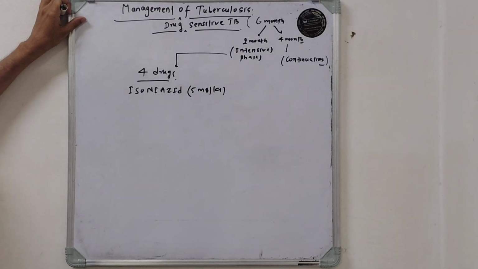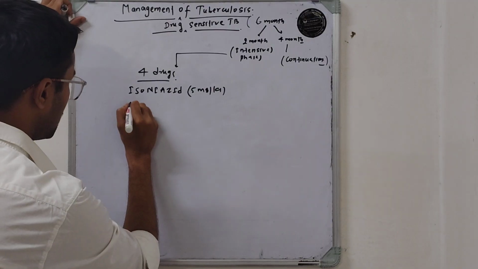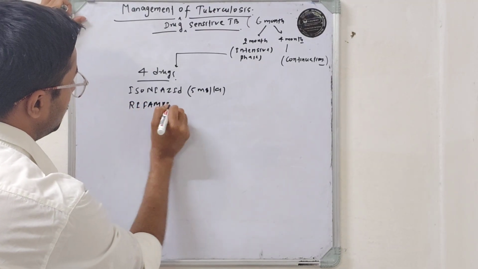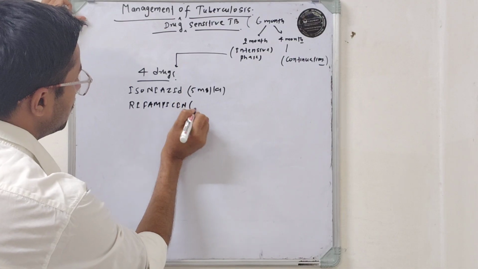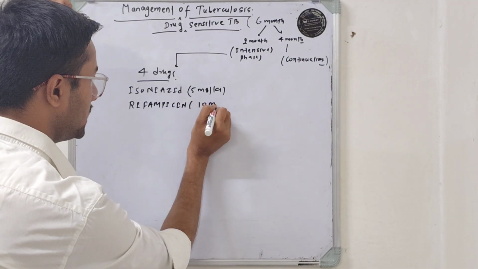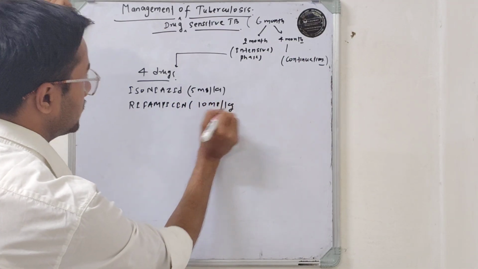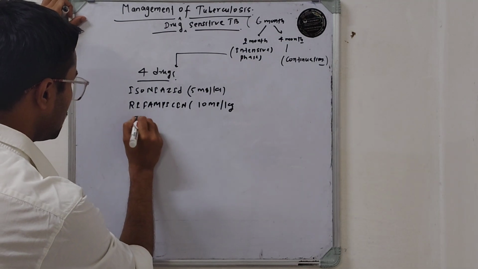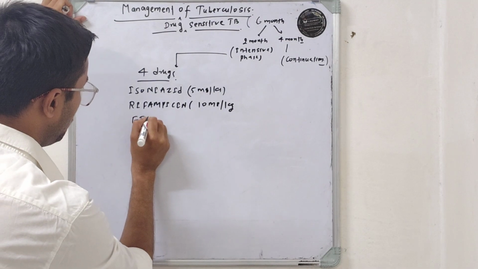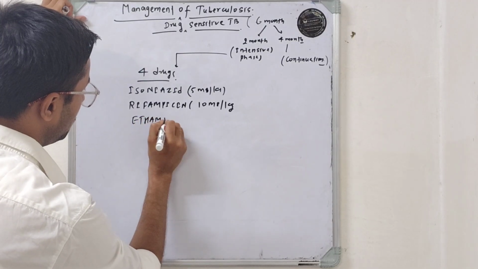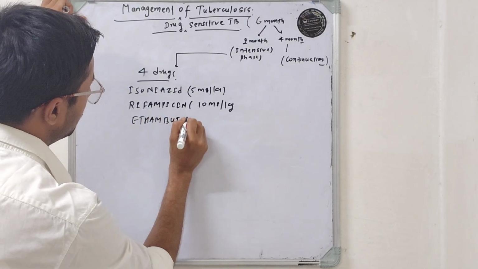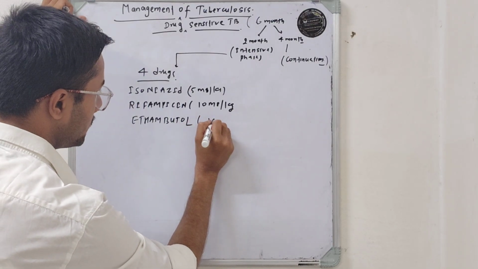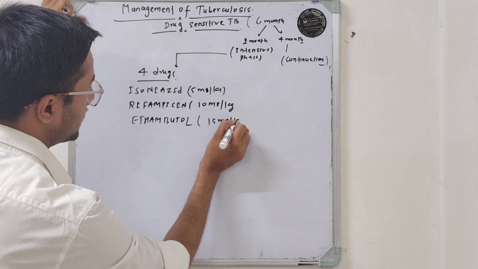What is the second drug? The second drug is rifampicin with a dose of 10 milligram per kg. The third drug is ethambutol, with a dose of 15 milligram per kg.